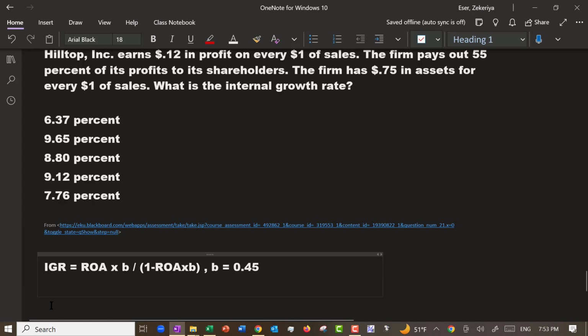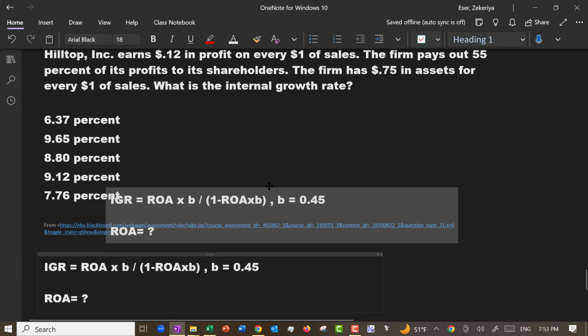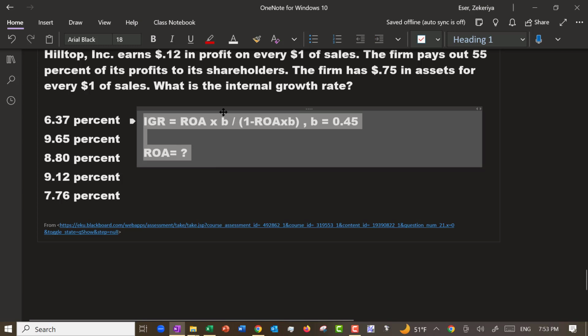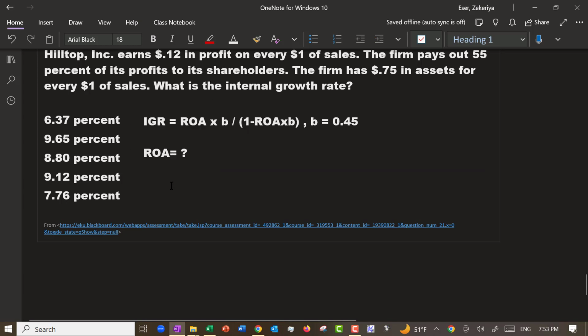Now we're gonna worry about ROA. Okay. For that, I'm gonna have to figure out what some of these things are. The first information, what is that?